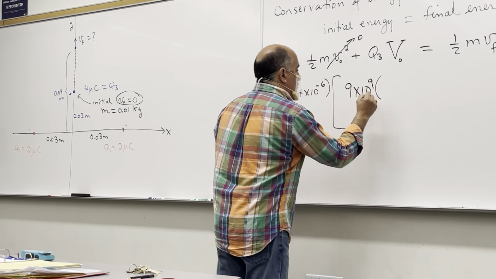Q1 is 2 times 10 to the minus 6, that's microcoulombs, divided by which R? So now I need this R, right? And that's the square root of this square plus that square, right?